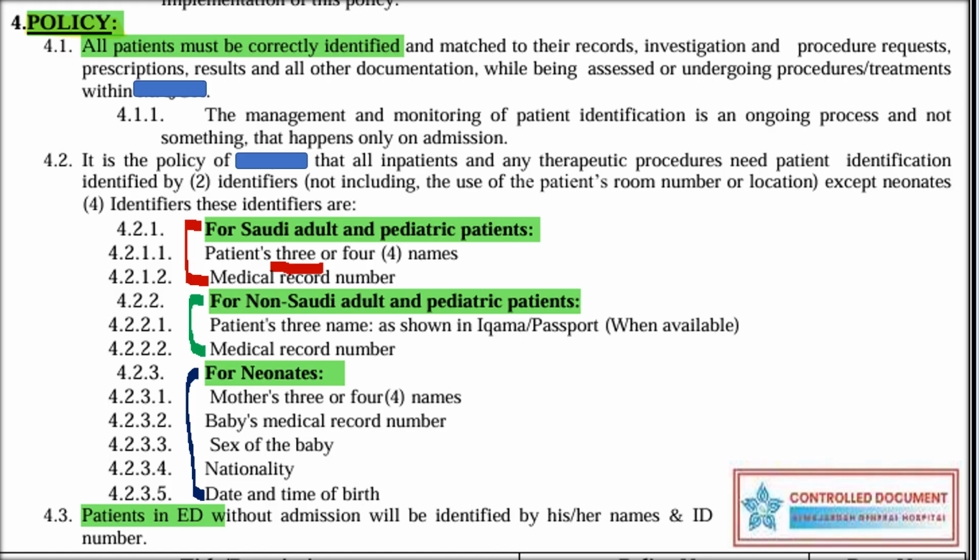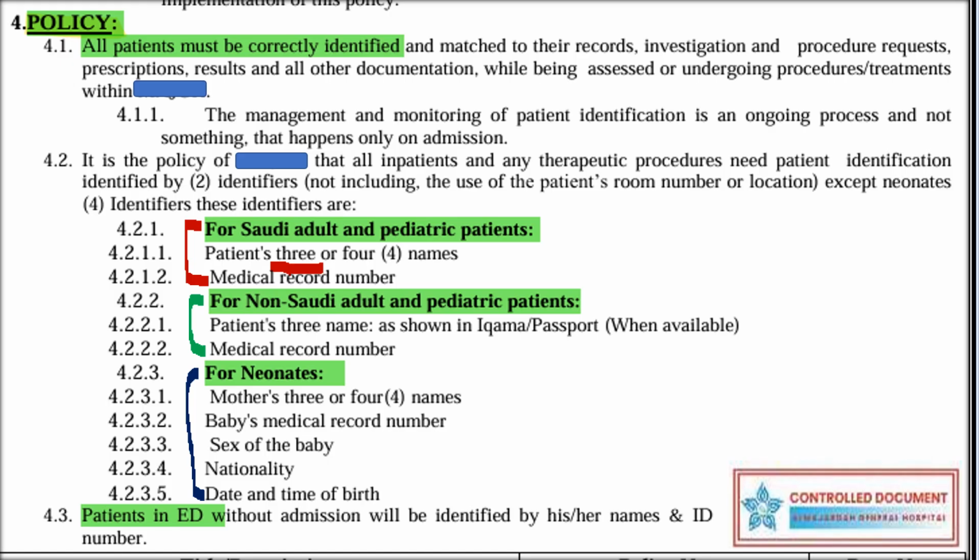Isn't it that we said before that when we identify a Saudi client, we will be using 4 names, and for non-Saudi, 3 names plus the medical record number? Please clarify these things, because in the site marking timeout policy, they verify the clients specifically for Saudi using 4 names, and for non-Saudi using 3 names plus the MRN number.